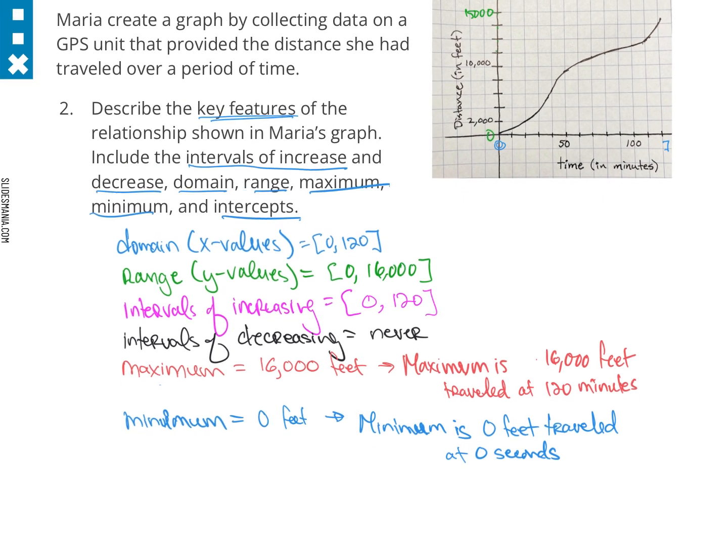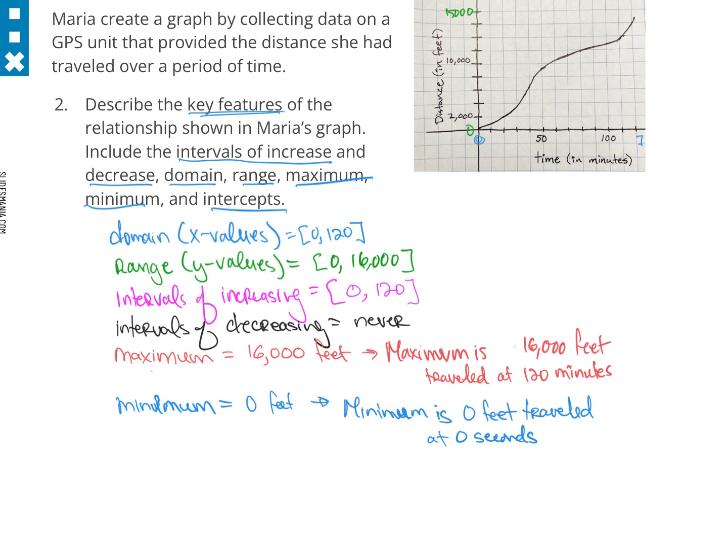And then one thing that we didn't talk about last time is we need to figure out the x-intercept and the y-intercept. Remember the x-intercept is where that line crosses the x-axis. Where does that happen here?